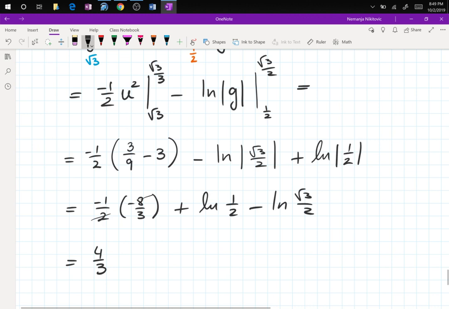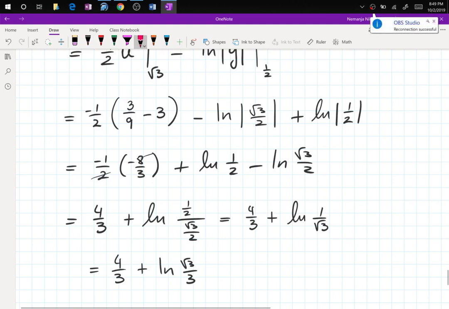And then plus, you get the ln of 1/2 divided by root 3 over 2, because of the subtraction. Which should be the answer. Well, then it just means it's done. You cancel halves and then it's just 1 over root 3, and rationalize, you're done. It's going to be in the notes.